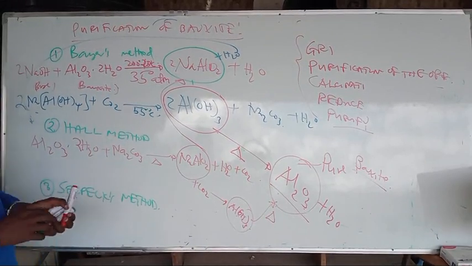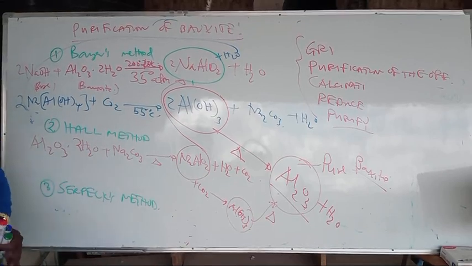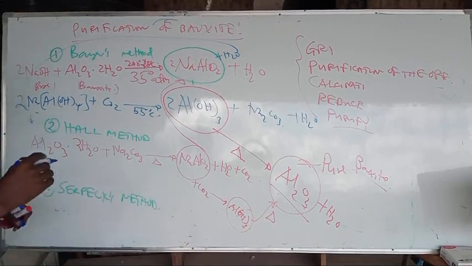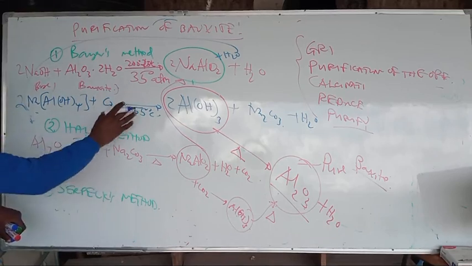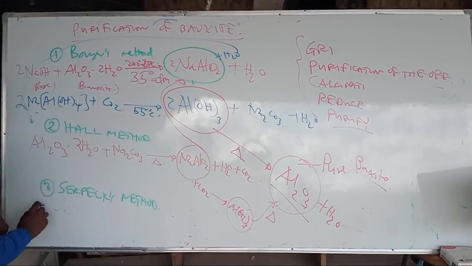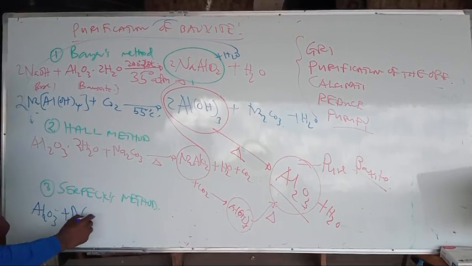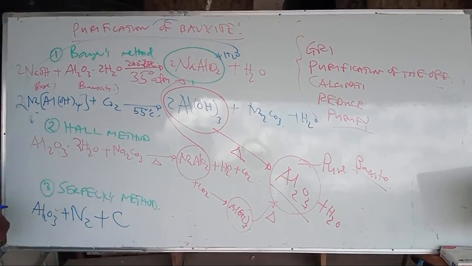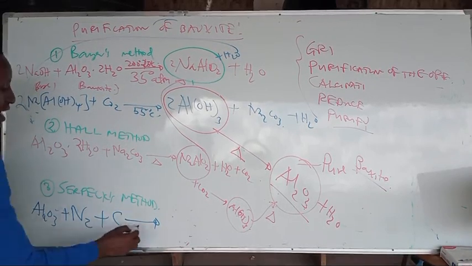So speaking about the third step, which is now the SAPEX method, it is burning with the nitrogen and the carbon. You just take the aluminium oxide and then burn it with the nitrogen gas and the carbon. So burning it with the nitrogen and the carbon, it turns into, first thing, aluminium nitride.